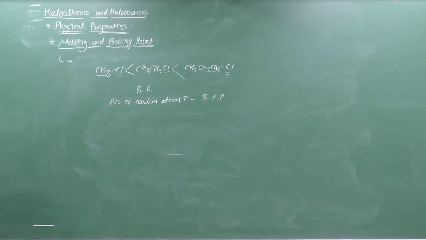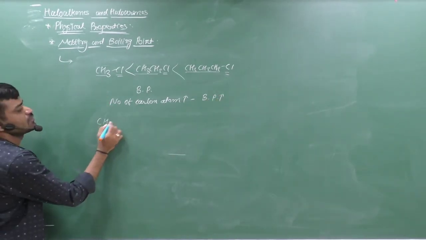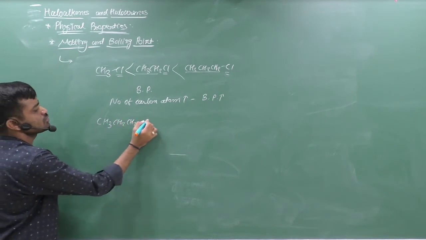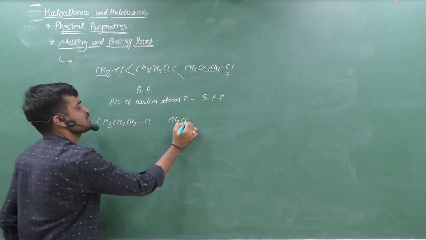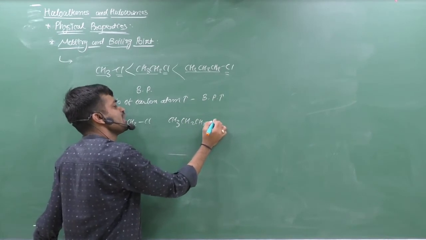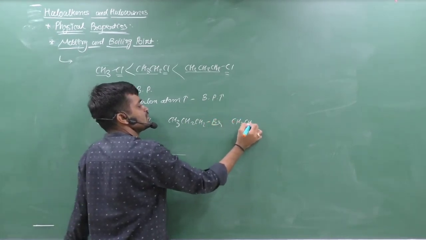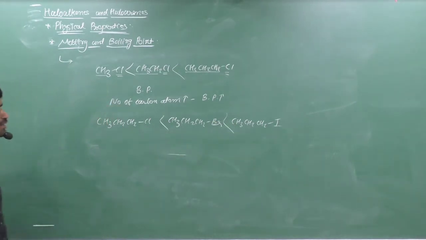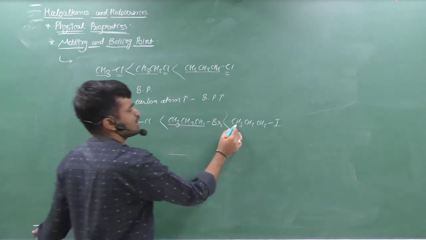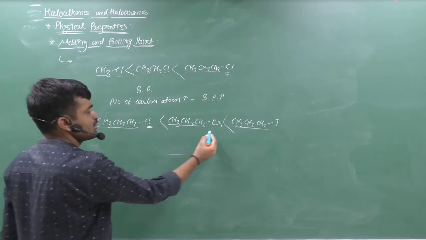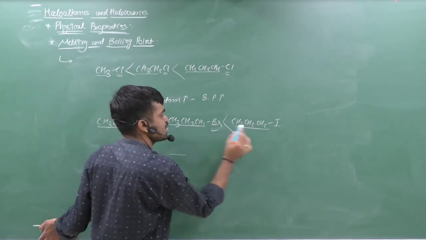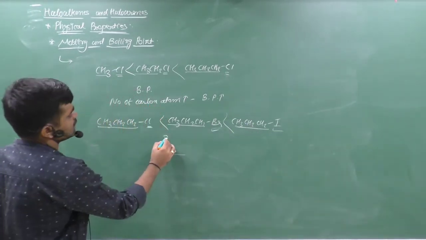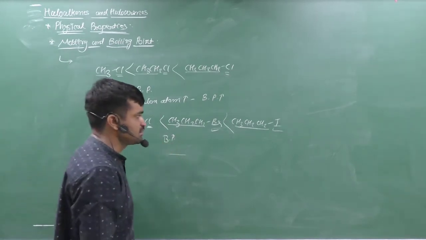Clear? Suppose the alkyl group is the same: CH3CH2CH2Cl, CH3CH2CH2Br, CH3CH2CH2I. What is the trend? These parts have the same molecular mass or size. Now chloride, then bromide increases size, then iodide increases, so the trend of boiling point is like that.